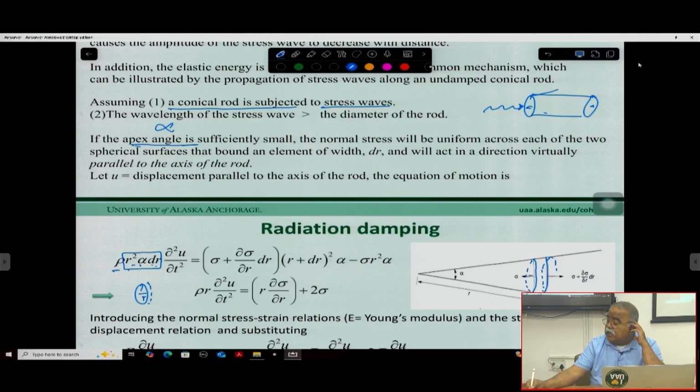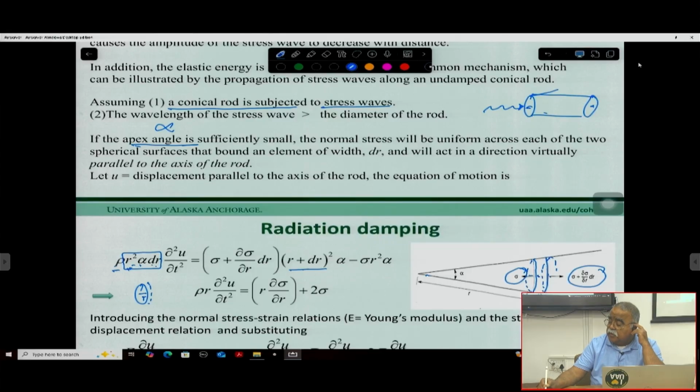So on this side, this is the sigma. On this side, this is delta sigma by delta r. That means the stress change is delta sigma by delta r into delta r. So that's the change from here to here. And then that will be equal to the total distance from r to r plus dr, so that is r square, just like this one, r square.